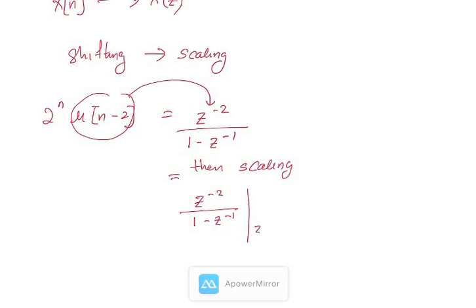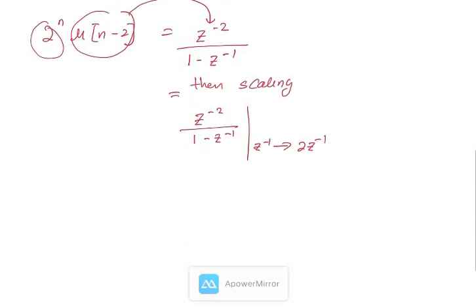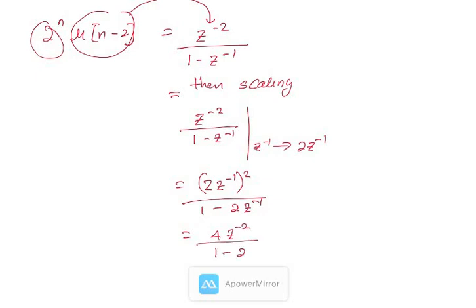Then the z to the power of minus 1 will be substituted with 2z to the power of minus 1, because we have 2 here. So we substitute in: (2z to the power of minus 1) squared divided by 1 minus 2z to the power of minus 1. Then we get 4z to the power of minus 2 divided by 1 minus 2z to the power of minus 1. That's all.